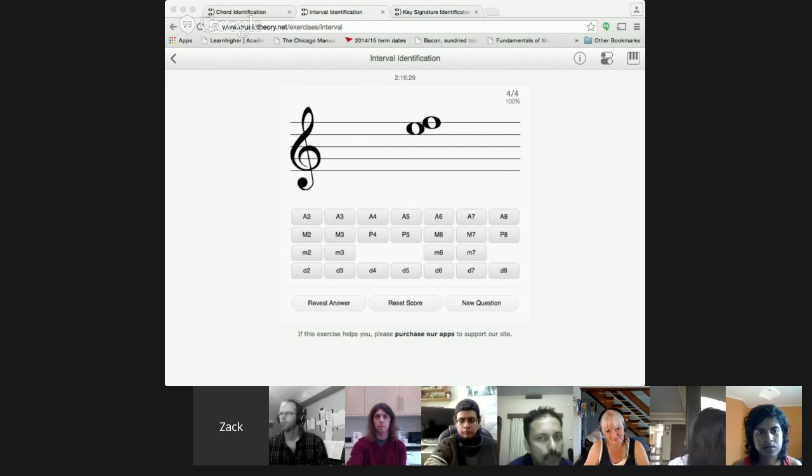Another way to do it, and this is the way that I did in the extra video, is to look at the lowest note of the two and imagine that we're in the major key of that note. So I'm going to look at that lowest note and say, okay, we're in E major. E major has 4 sharps: F sharp, C sharp, G sharp, and D sharp. And if we look at E to F, we see that that F isn't a sharp.